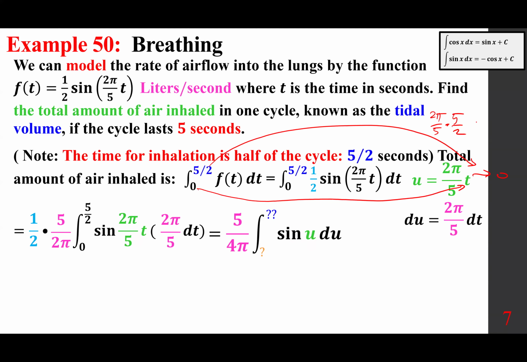We replace the t. And obviously the answer is just pi. So those are the new limits. So minus, I'm going to put the negative out. It's easier to deal with it. Minus 5 over 4 pi, cosine of the upper limit pi minus cosine of the lower limit 0.